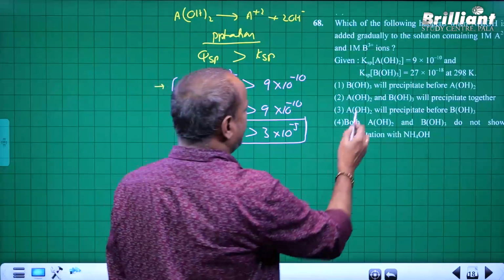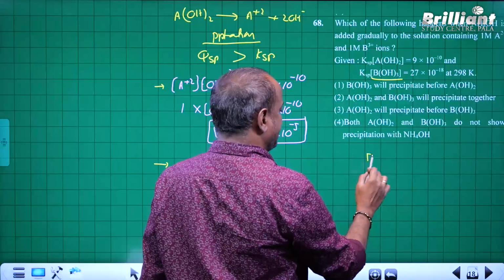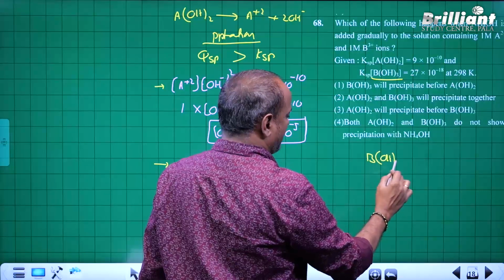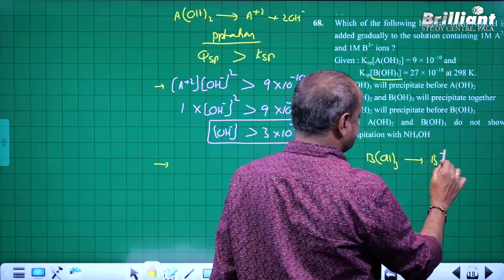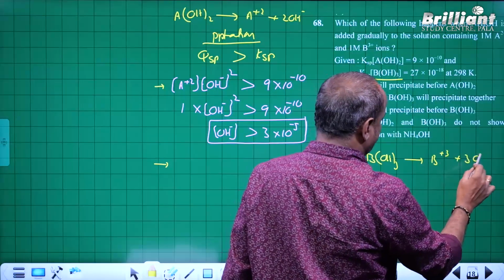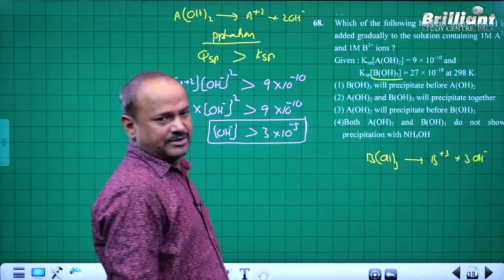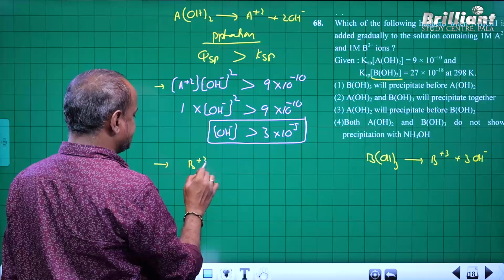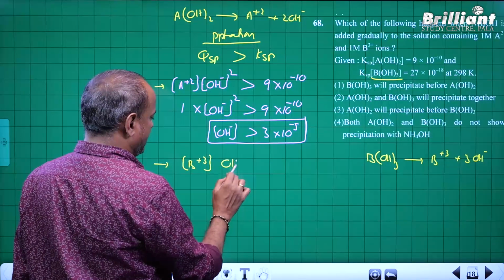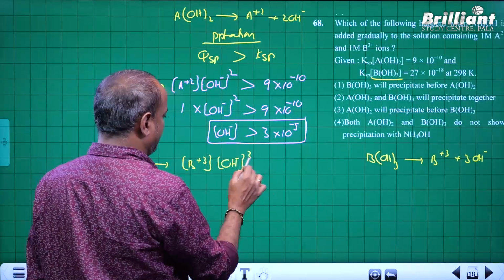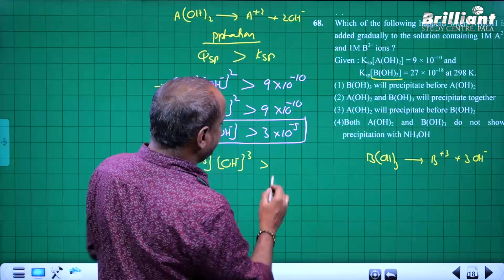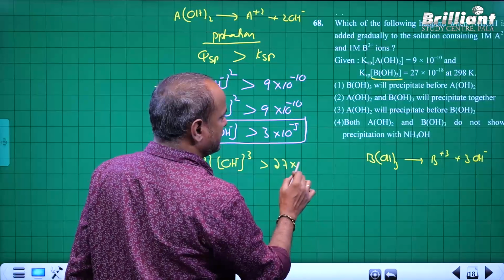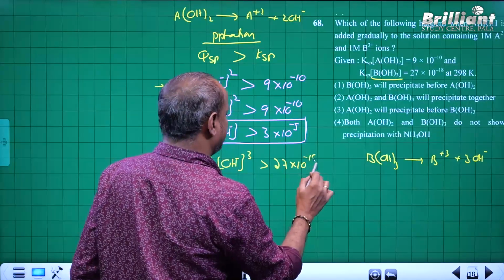Same comparison for the second compound. Second compound is B(OH)3, which means 1 cation B3+ plus 3 hydroxide ions. So write Qsp: B3+ into OH- whole cube greater than Ksp, 27 into 10 raised to minus 18.